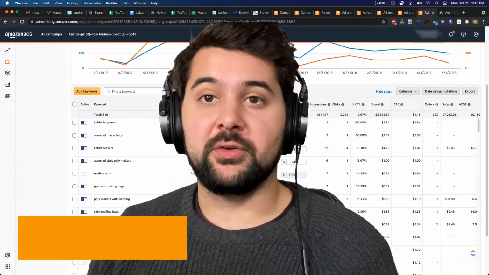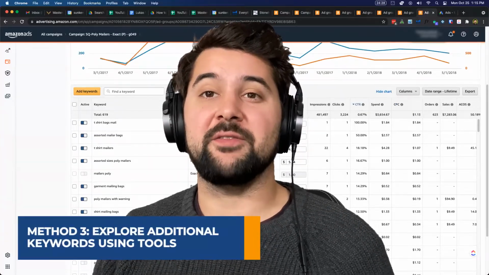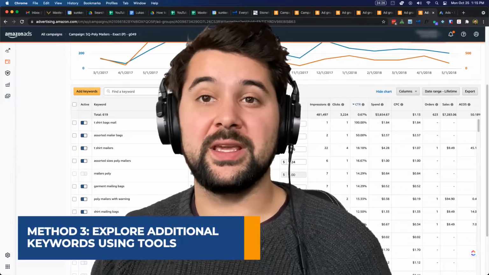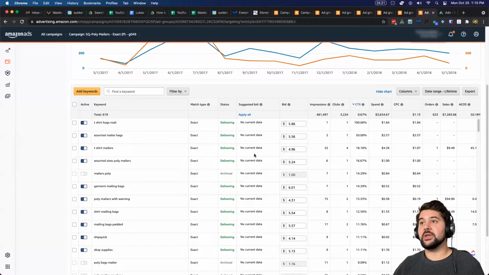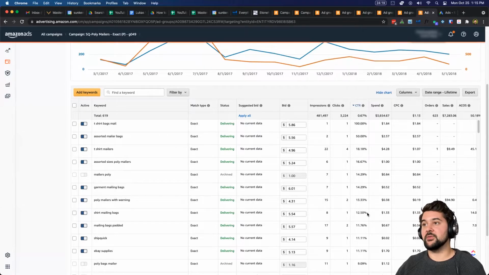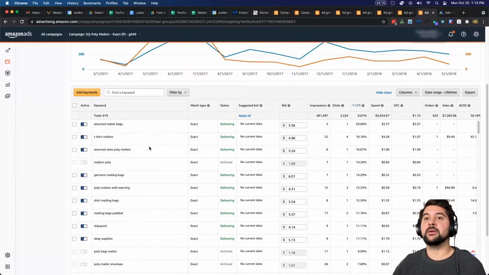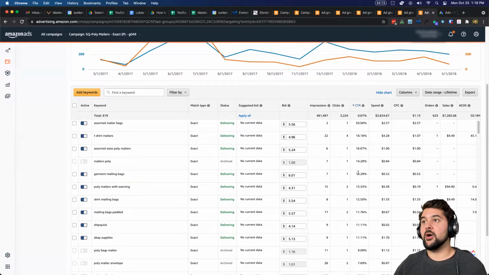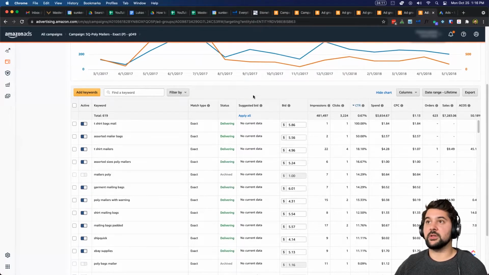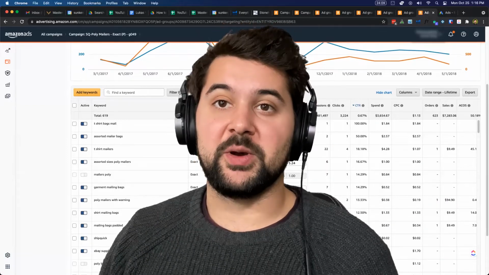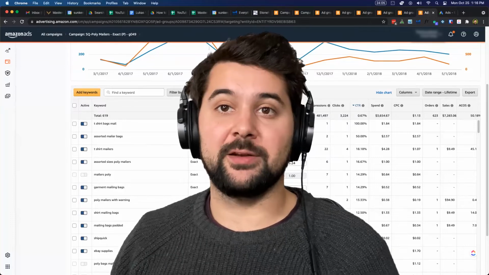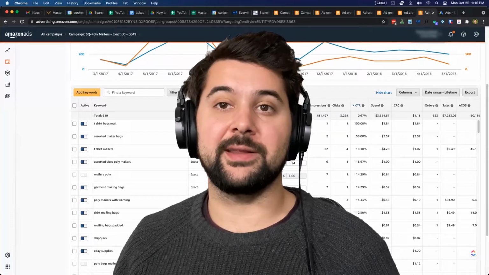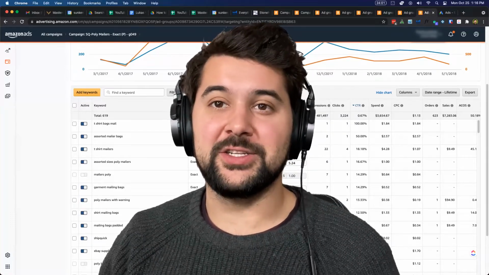Lastly, I would just look through your campaigns and your keywords to see if you can't find any individual word within a keyword that you can explore through something like Helium 10 Magnet. So here I'm looking at our best click-through rate keywords for this campaign, and I see t-shirt bags, t-shirt mailer, garment mailing bags, all with really, really good click-through rates. So that indicates to me that it's possible that in our main keyword document, maybe we should just search poly mailer in Helium 10 Magnet and then just filter by things containing t-shirt.